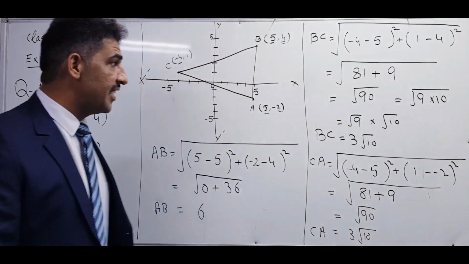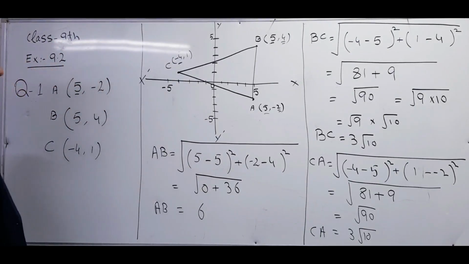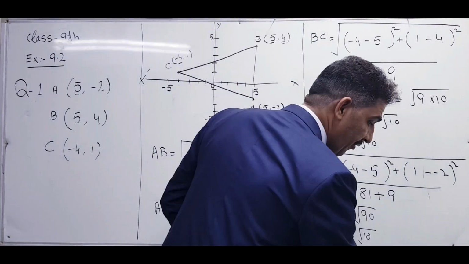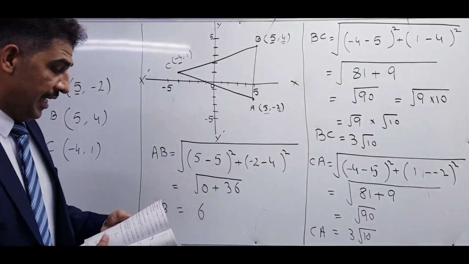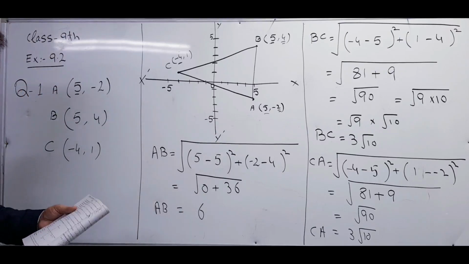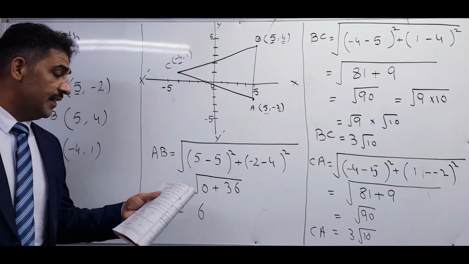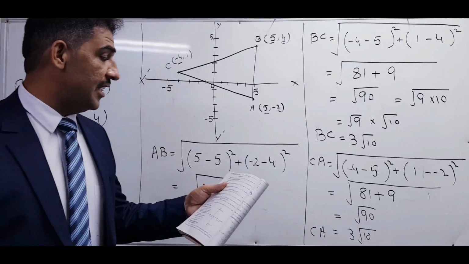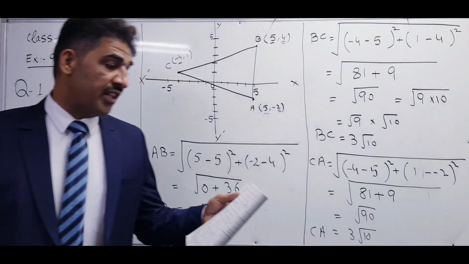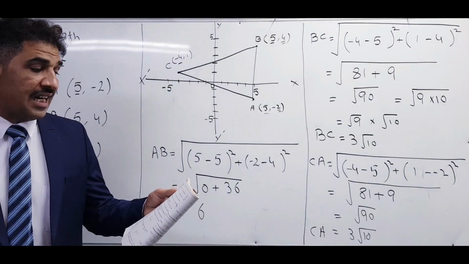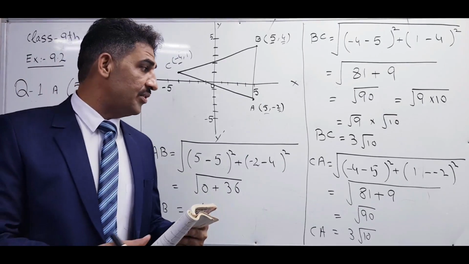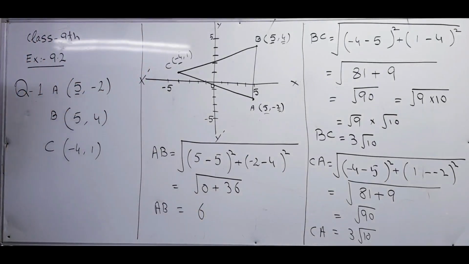So what does it mean? These are the vertices of which type of triangle? Isosceles triangle. Good, because according to the statement, we had to check whether the vertices of the triangle are of an equilateral triangle or an isosceles triangle. So these are the vertices of an isosceles triangle.